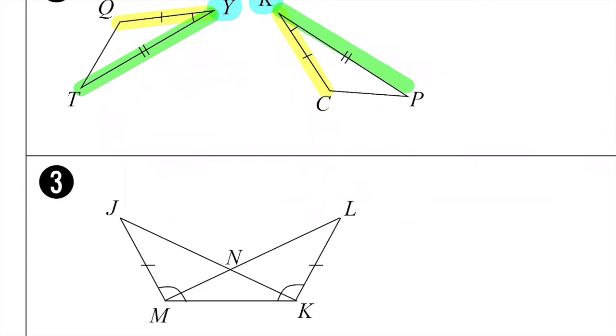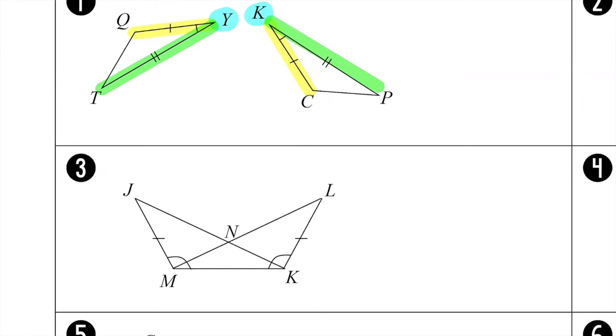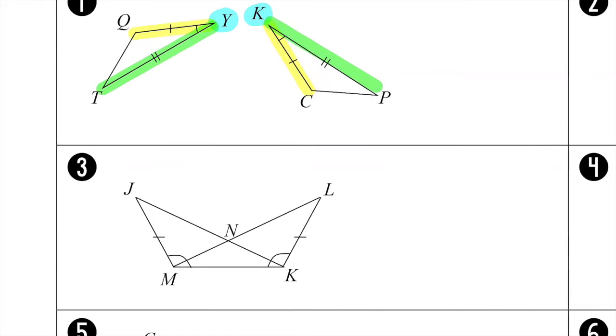Okay. So, do we have enough information to say that these are congruent? Either side, side, side, or side angle side. So first off, we've got QY is congruent to CK.